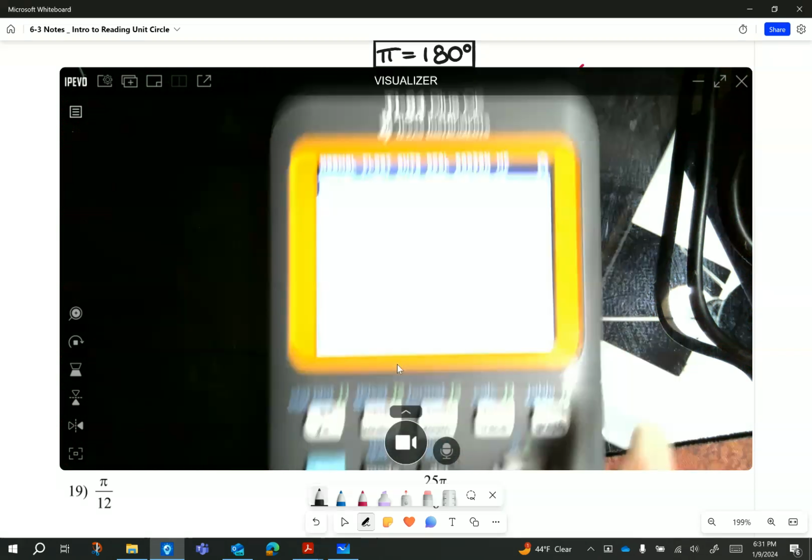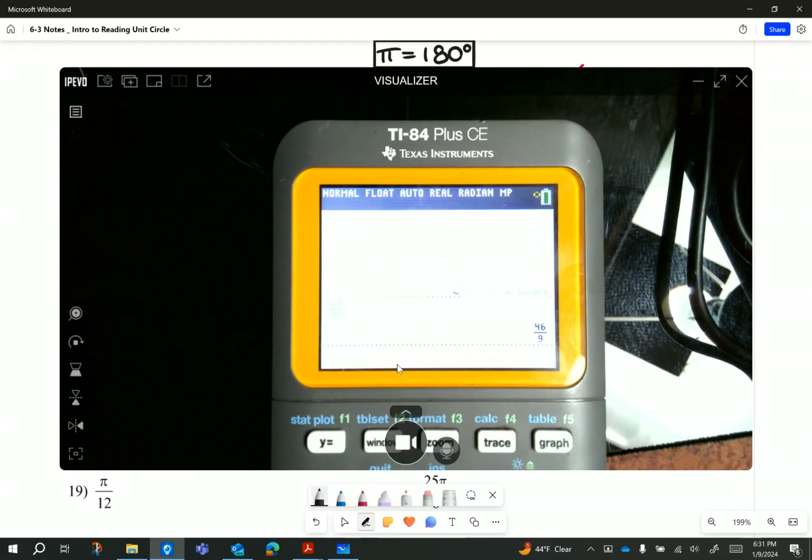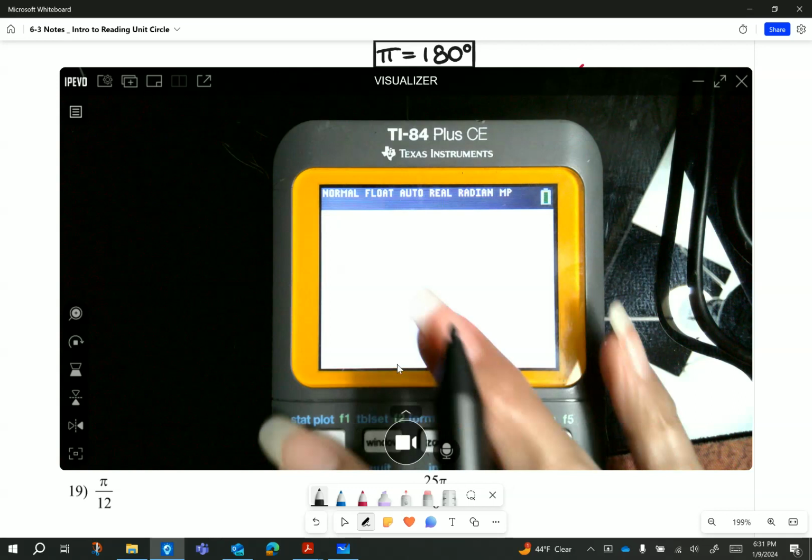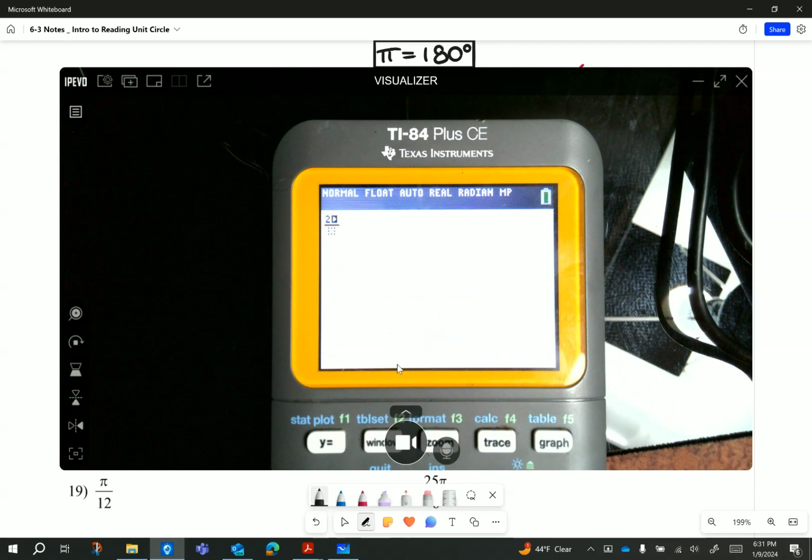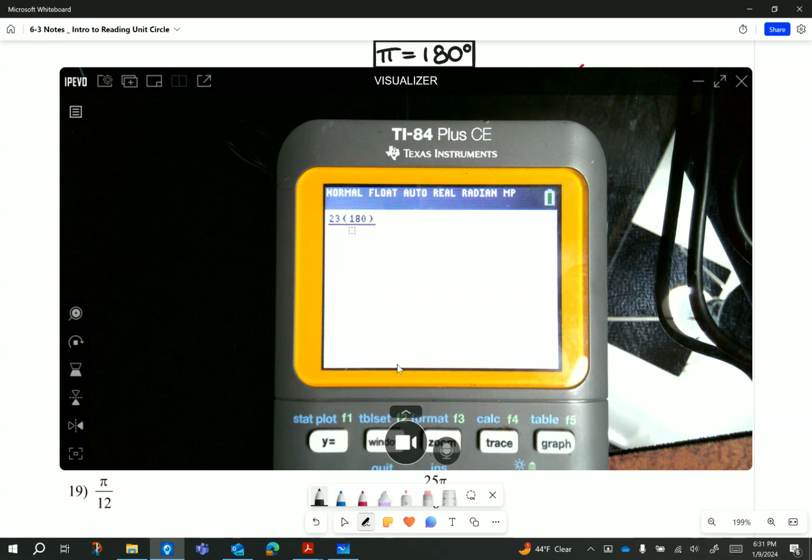So we're going to come over here. Again, let me clear this out. Alpha y equals, we put 23, 180, and 6 in the denominator, if I recall. And when I hit enter, I get 690 degrees.